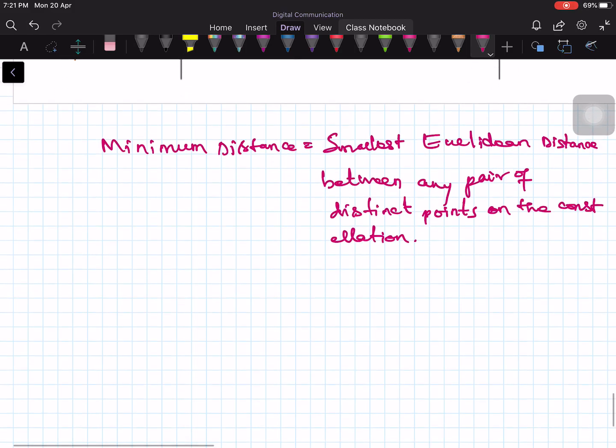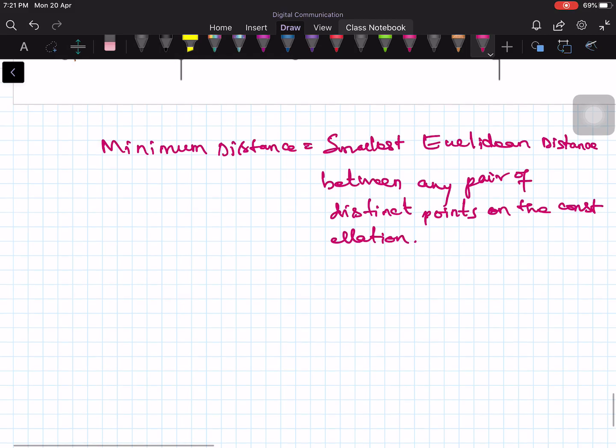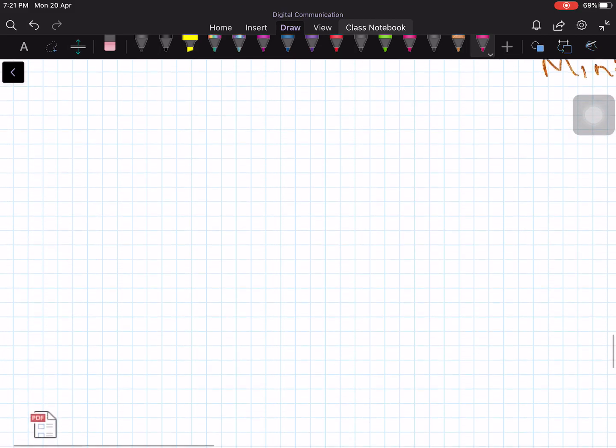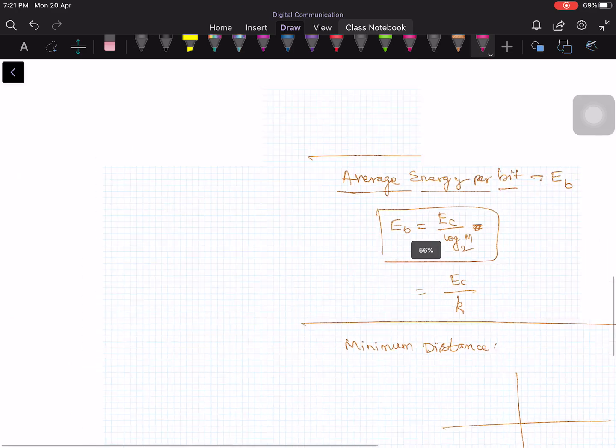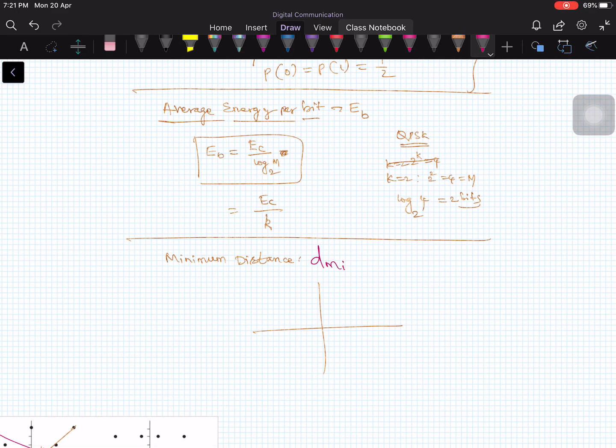Okay. So you can write a mathematical expression for it. It's very simple. So let me denote this minimum distance by d min.